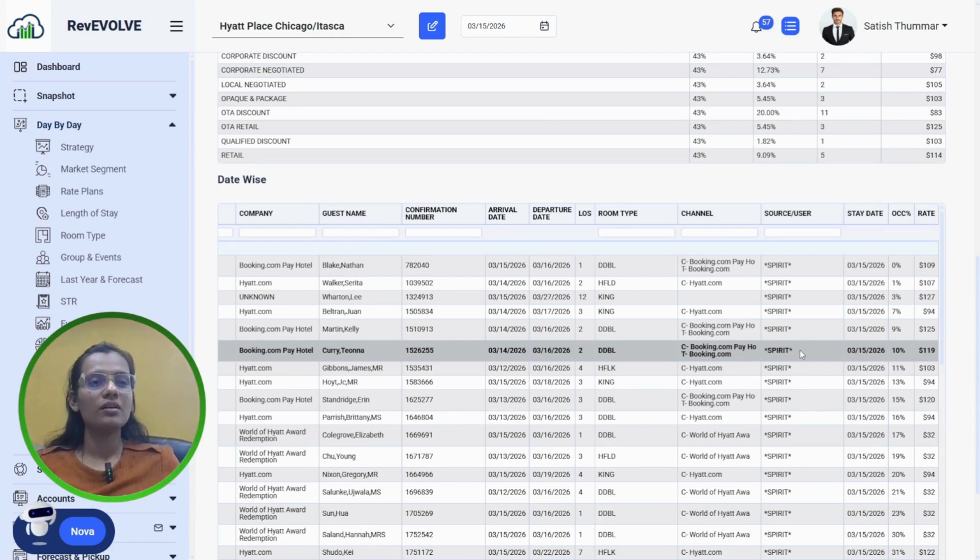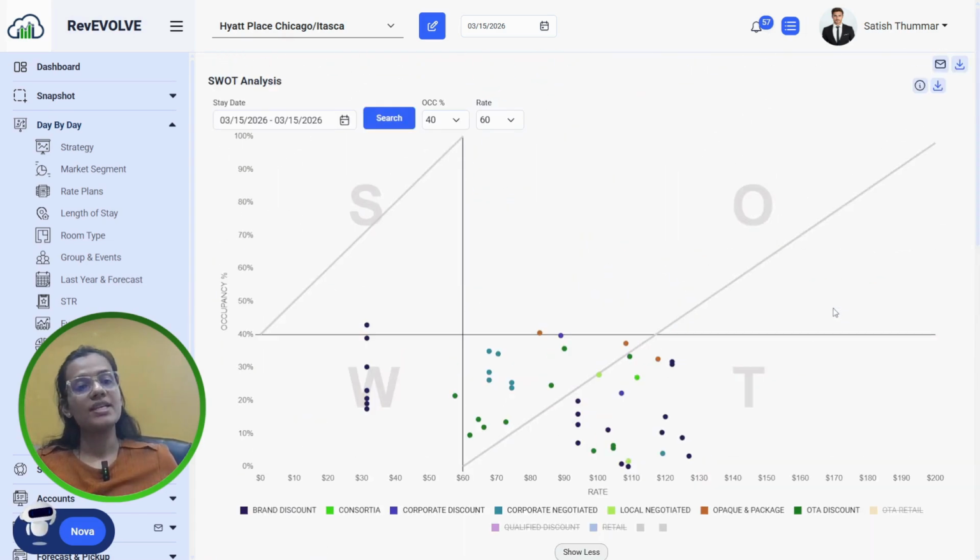So all these three different tables together are very useful and very powerful. The scatter chart here shows how the pricing behaved over time, the segment analysis explains which segments drove that behavior, and the reservation details at the last rows show what actually happened in the market, at what price the guests are coming in or willing to pay for the particular room.